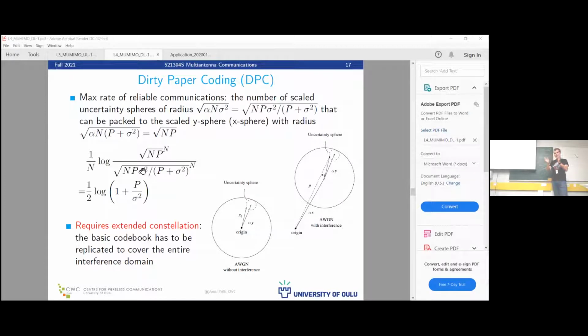The more important is to use the spatial degrees of freedom, and the extra gain is just a fraction, right? Especially at the highest amount. This is something that we will discuss a bit more in the later phases.